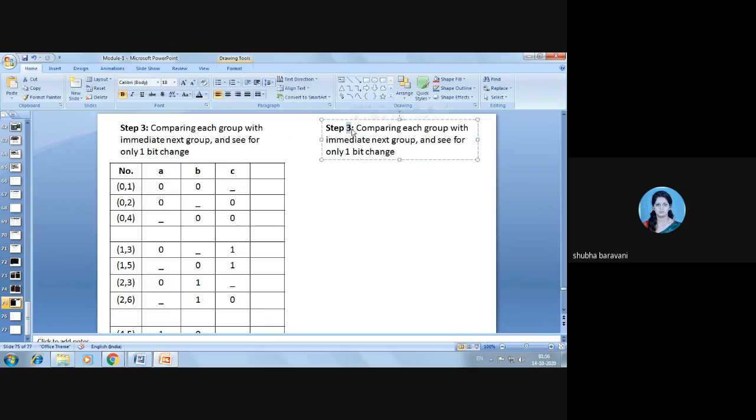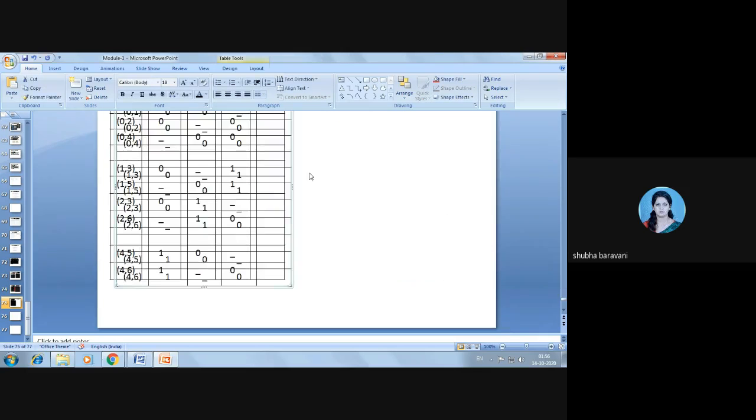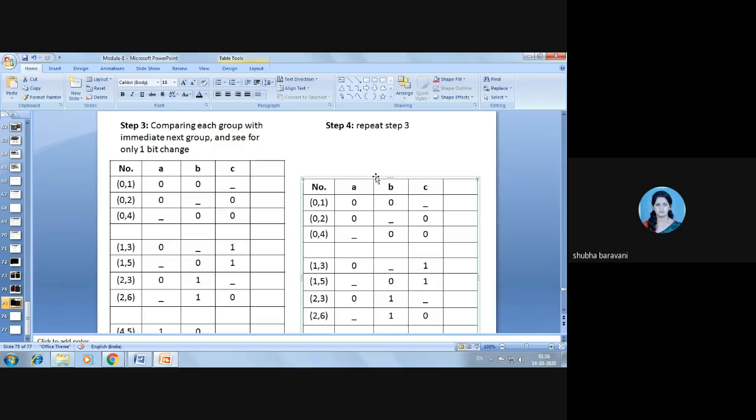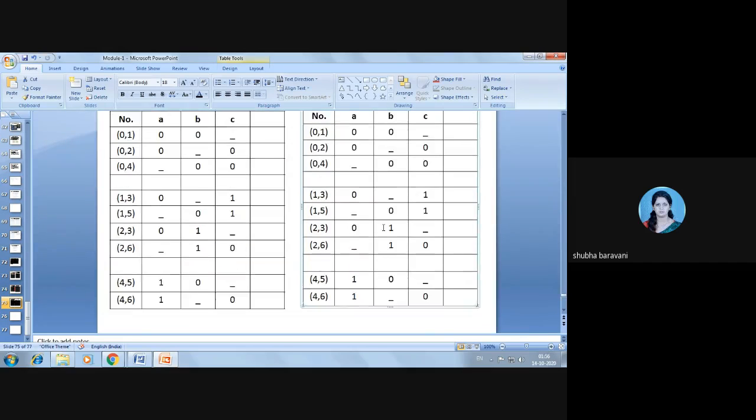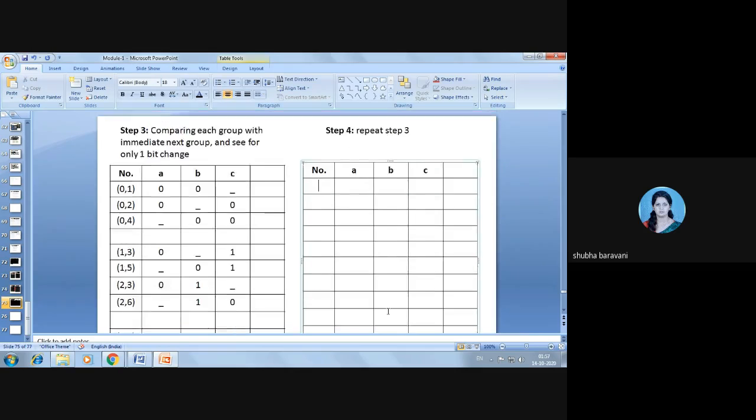Step 4 is repeat step 3. Step 4 is repeating step 3. Now what I'll do while repeating step 3.